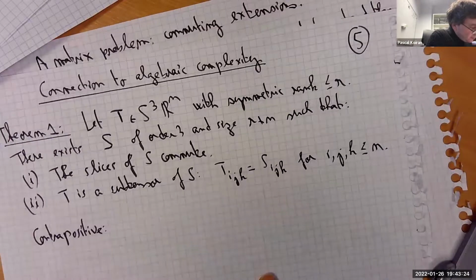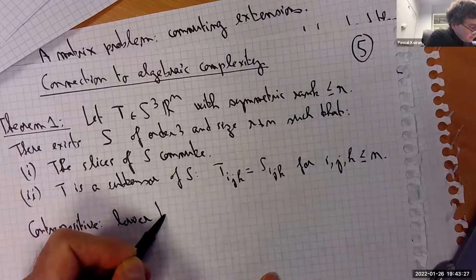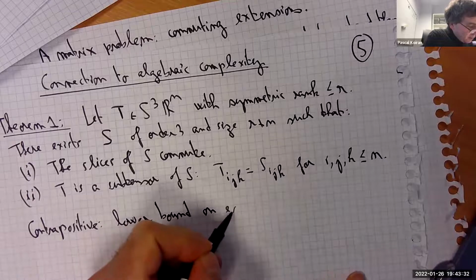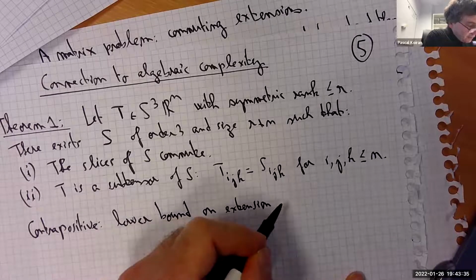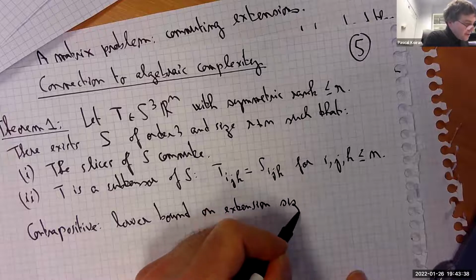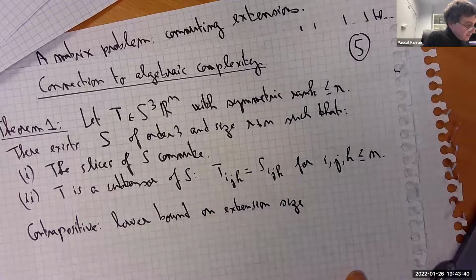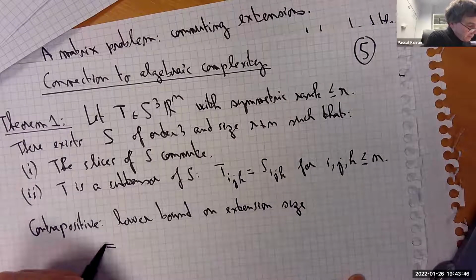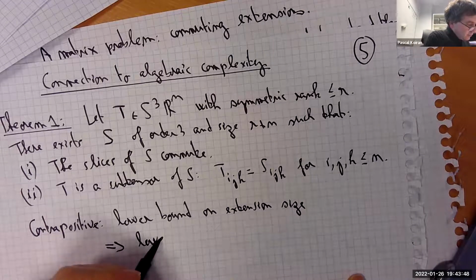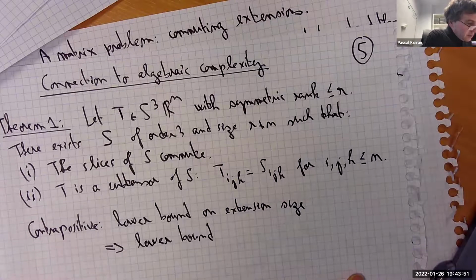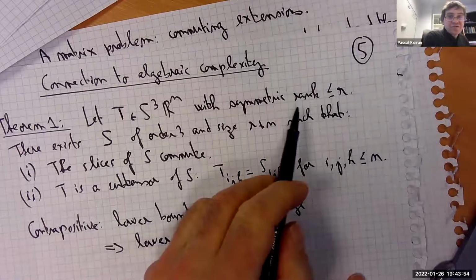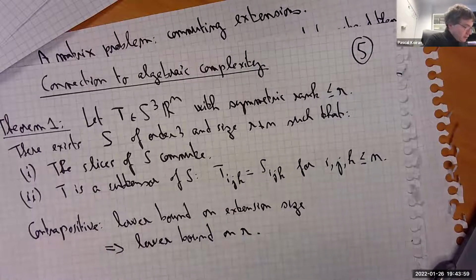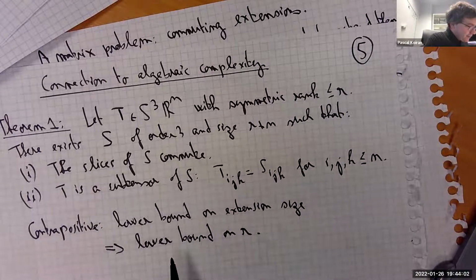If you have a lower bound on the extension size, a lower bound on the size of S, then this implies a lower bound on R, on the symmetric rank. So we just have to prove now lower bounds on R.